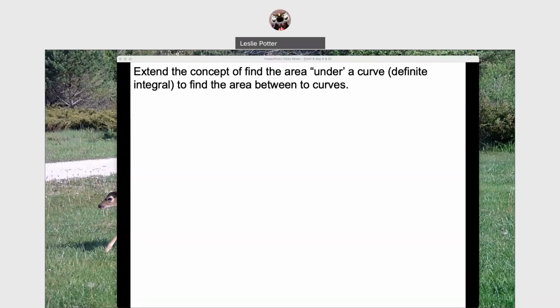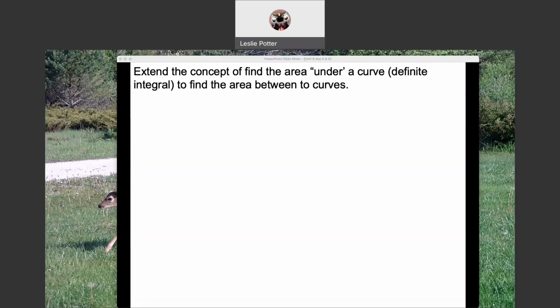Okay, so we are on day 4, and we are talking about adapting our integration techniques to calculate area between curves.